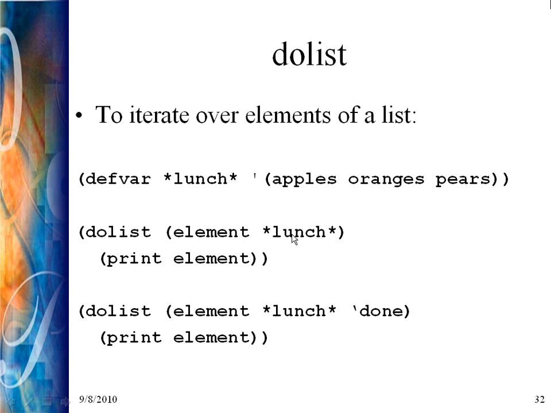It iterates over the list and does the body, which here is just one form, saying to print it for each element of the list, and then it returns the third element of this argument list, which, if there is no third element, that's optional, so it returns nil. In this case, it returns done because the third element is done.